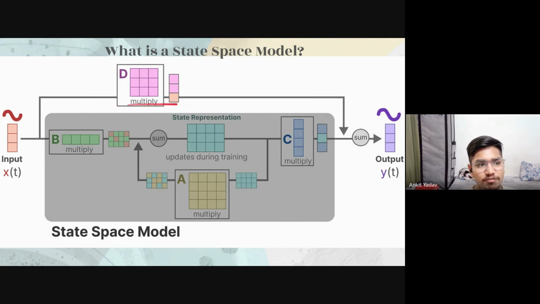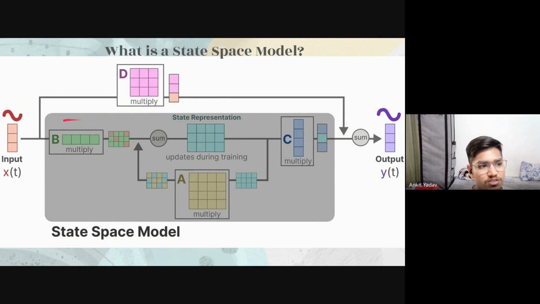Leaving that thing behind for a moment, this complete architecture, this gray shaded area, is known as the state space model, because it takes a state, this state representation that is a hidden state in a given space of inputs, and produces a new output, which is another representation.